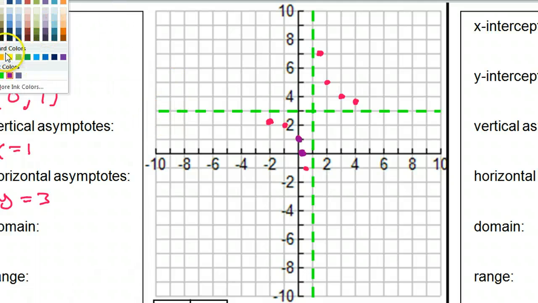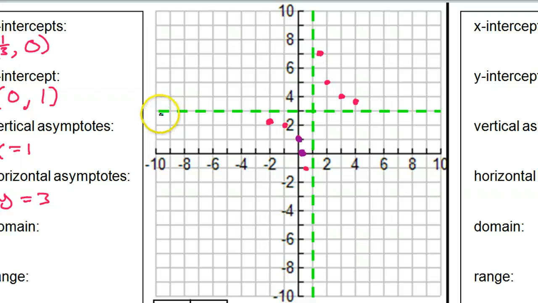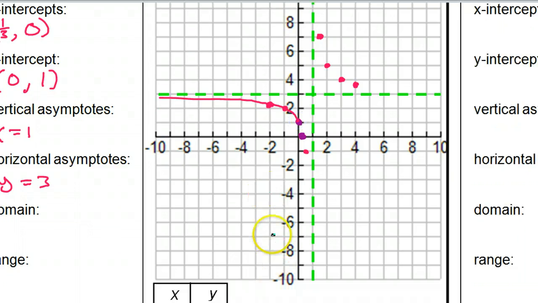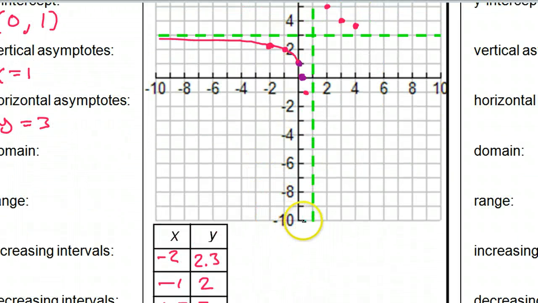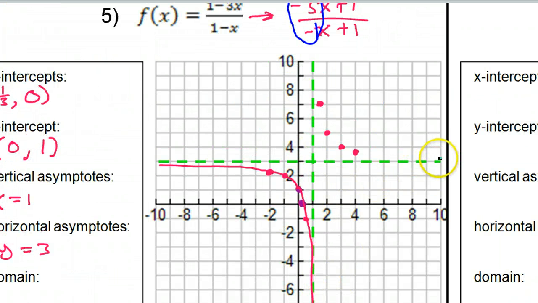Something like this right here. Alright, so that branch should look a lot like that. And then this one should look something like this. Okay, and there you go.